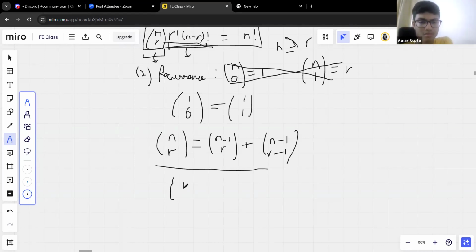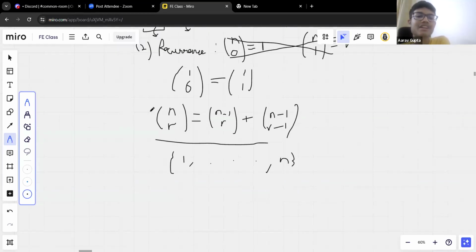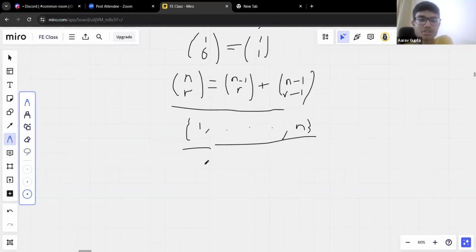So you have 1 till n as the set. n choose r is the number of r-element subsets. If a subset contains 1, then out of the remaining n minus 1 elements it contains r minus 1. So n minus 1 choose r minus 1 counts the subsets which contain 1 and have r elements.